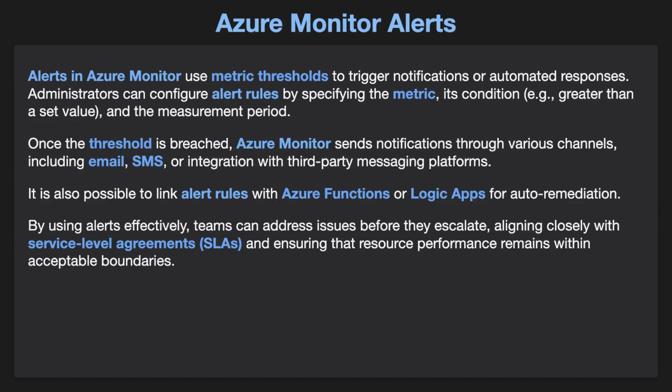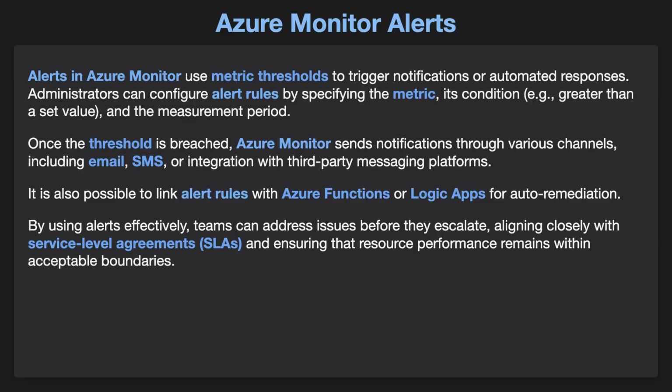Alerts in Azure Monitor use metric thresholds to trigger notifications or automated responses. Administrators can configure alert rules by specifying the metric, its condition, e.g., greater than a set value, and the measurement period. Once the threshold is breached, Azure Monitor sends notifications through various channels, including email, SMS, or integration with third-party messaging platforms.